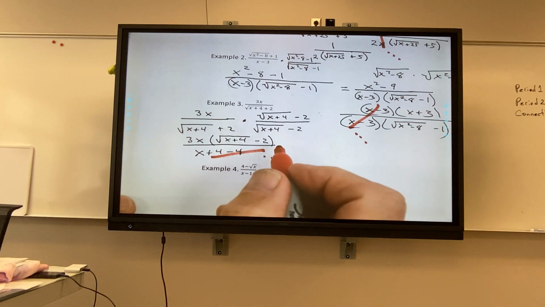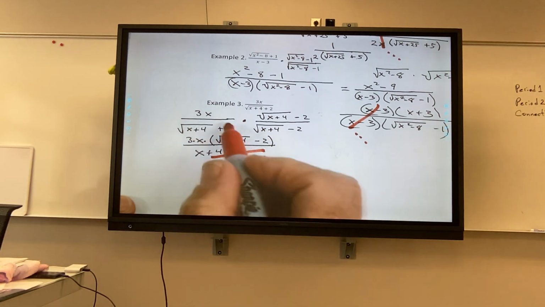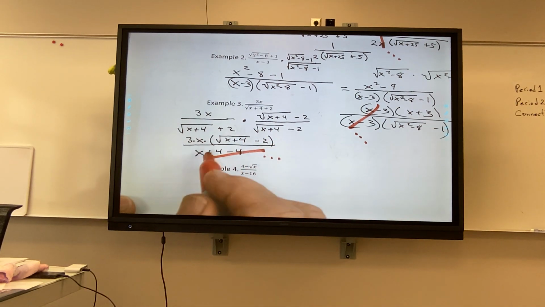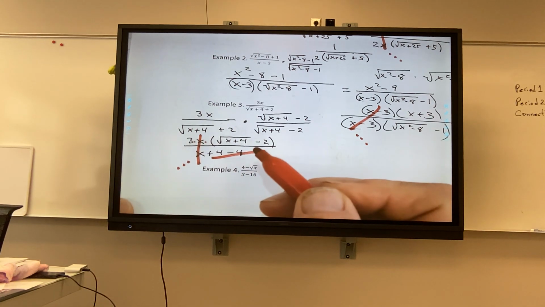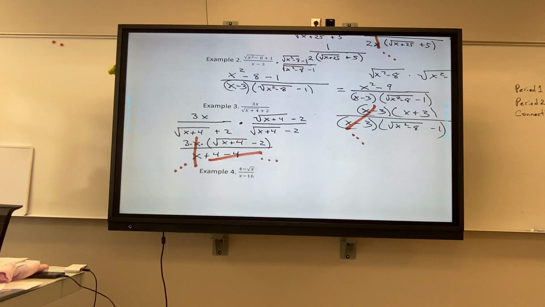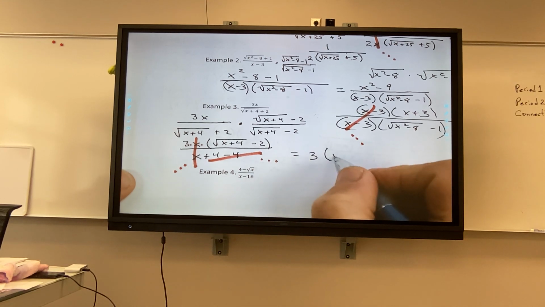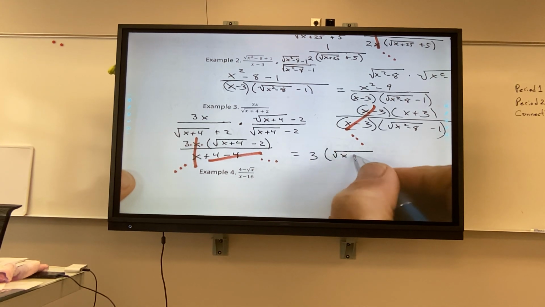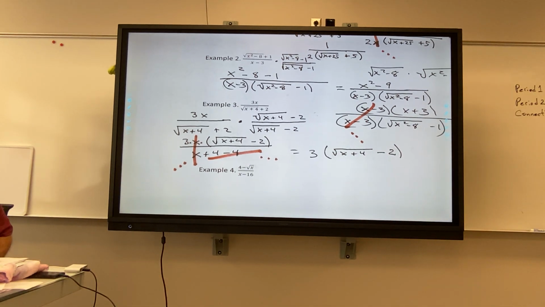X plus 0 is x. This is 3 times x times that quantity. Since I have multiplication, I can go boom! Like that. Karsha's getting really nervous right now. And so what do I have left here? I simply have an answer of 3 parentheses square root of x plus 4 minus 2 parentheses. And the denominator is gone, correct?